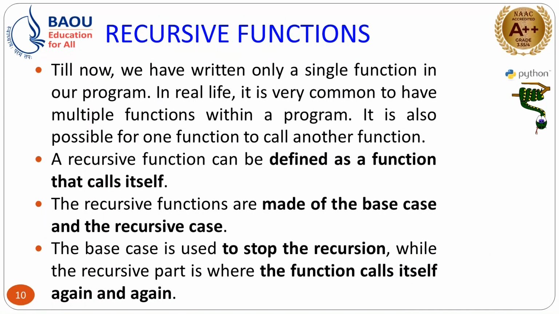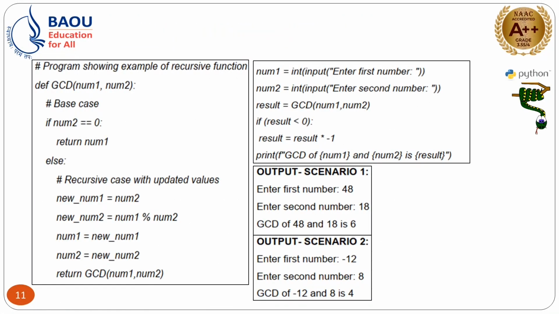The recursive case means the function calls itself, where you define the actual logic of the function. So the base case defines the termination criteria, and the recursive case defines the logic of the recursive function.